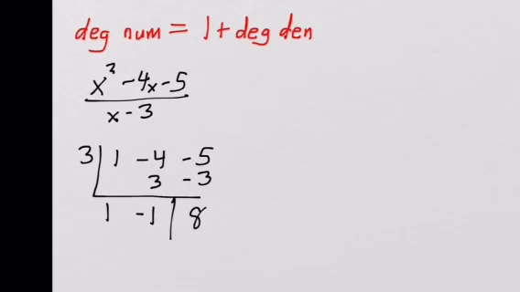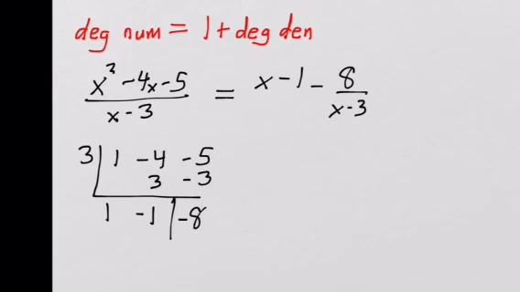So if I write all of this in the methods that we saw previously, we get that this thing is equal to x minus 1, minus 8 over x minus 3.